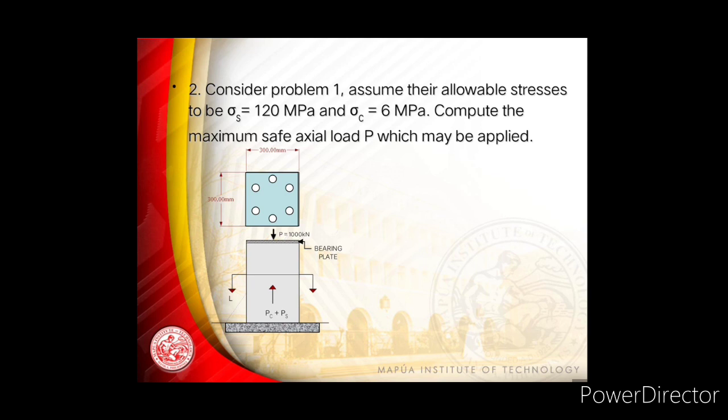Here the stresses are given and we want to solve for P. So it's a different problem compared to number 1, and the solution is that we have the given stresses of 120 megapascal for steel and 6 megapascal for concrete, and these are the allowable stresses for each material acting independently.